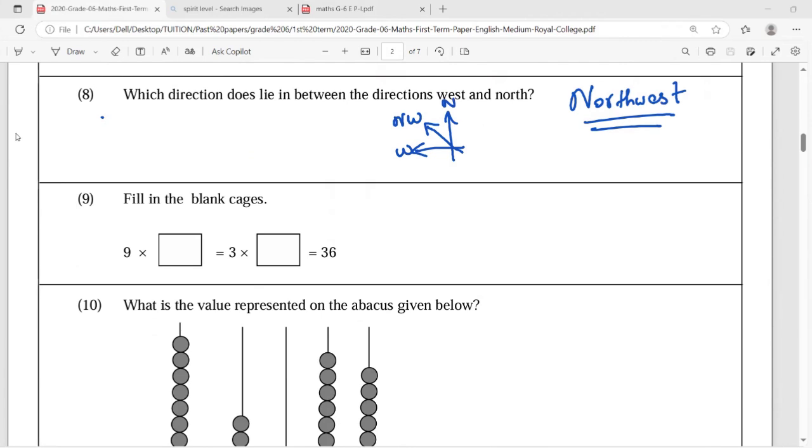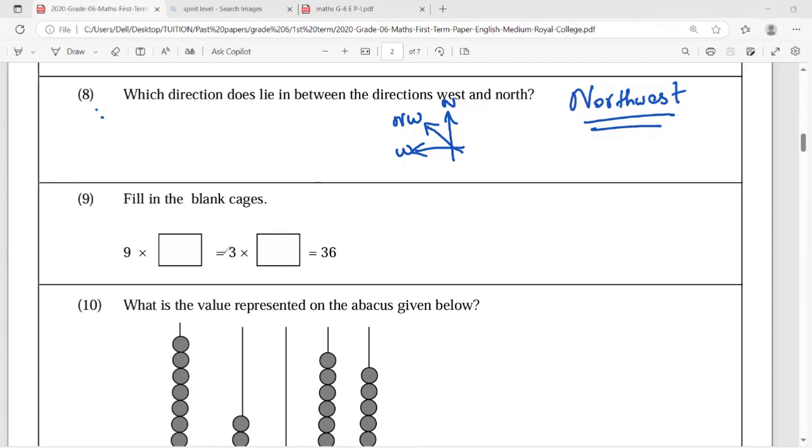And for the ninth one, fill in the blank cages, right? So you multiply. Here the answer must be 36.